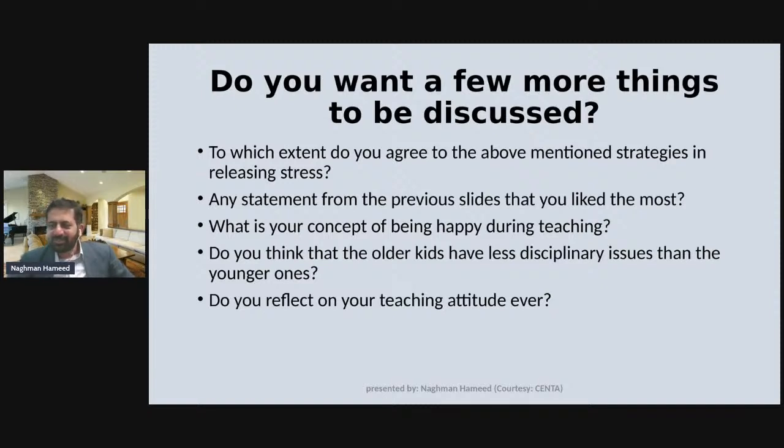Any statement from the previous slides that you liked the most? May I know any point that you felt is applicable and that will make the difference? Right, the satisfaction one there is good.